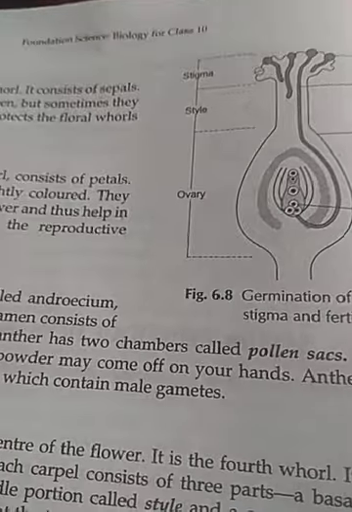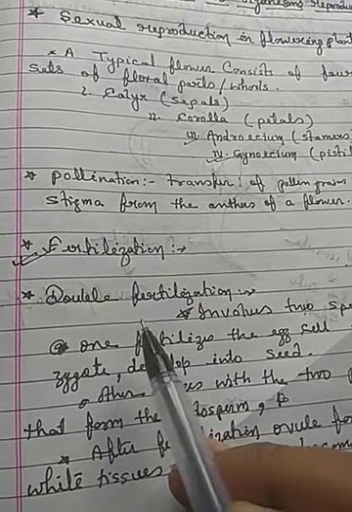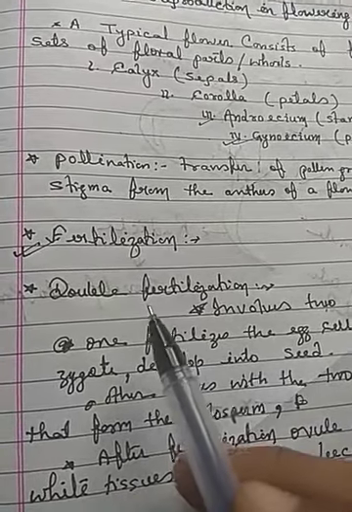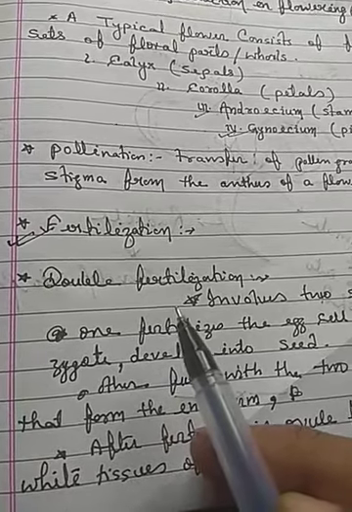Now in fertilization, we all study a topic, double fertilization. It means in the flower of a plant, double fertilization occurs.